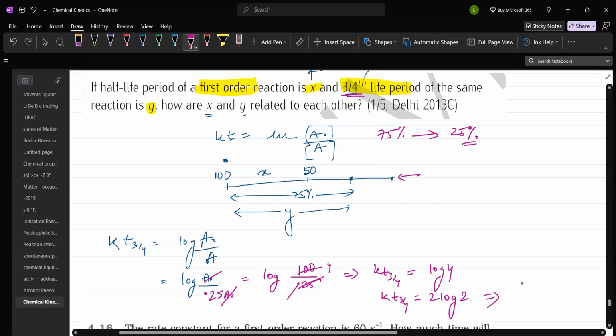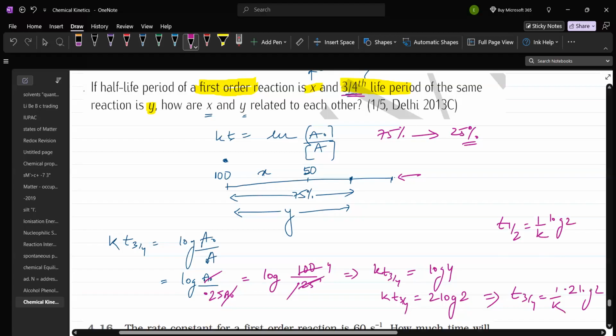So finally you will get t 3 by 4 as 1 by k into 2 times log of 2. Yes or no? And what is t half? Which is 1 by k log 2. Yes or no? Log 2 by k?